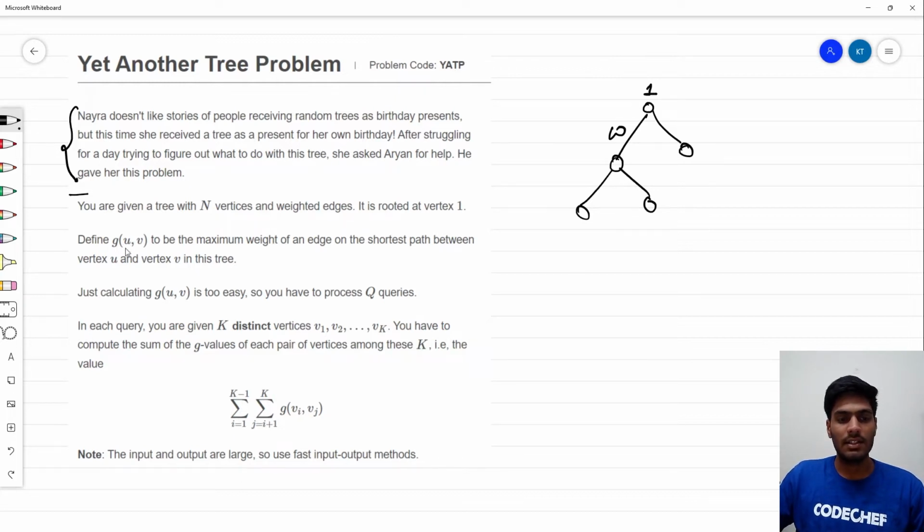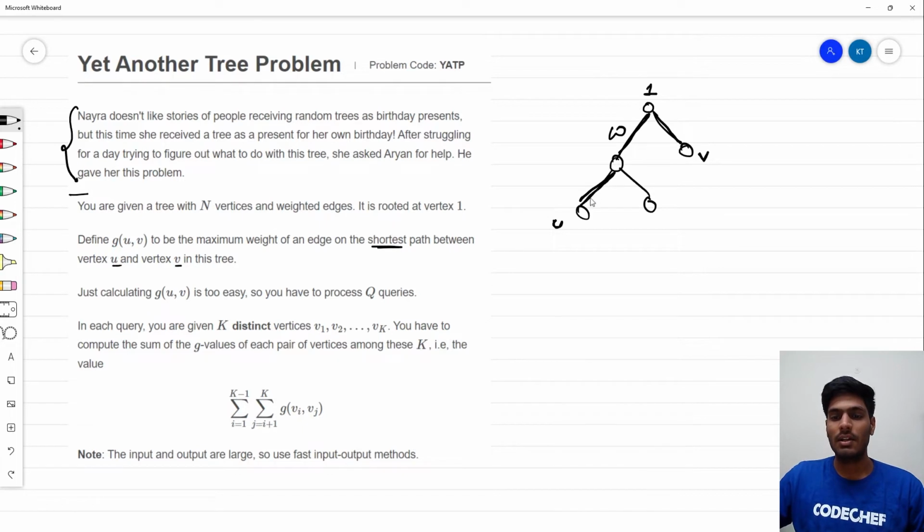Now define a function g which takes u and v as parameters to be the maximum weight of an edge on the shortest path between the vertex u and the vertex v. So let's say the vertex u was here and the vertex v was here, then this path will be taken into consideration, and the shortest path simply implies the single path.